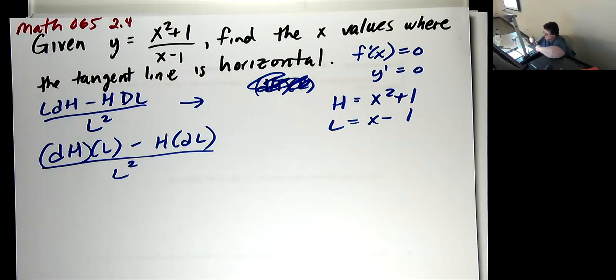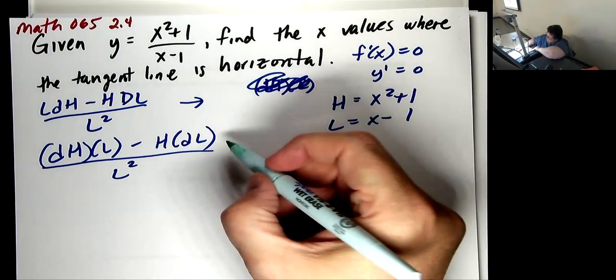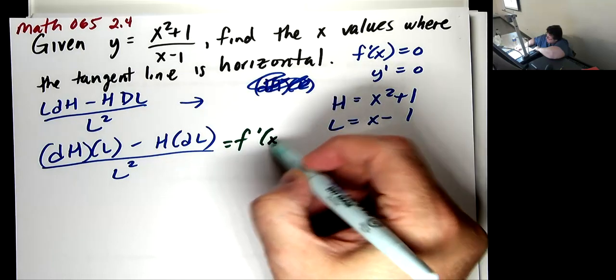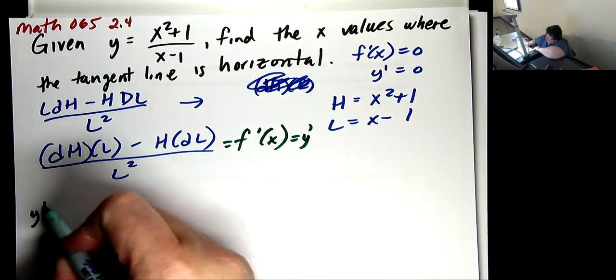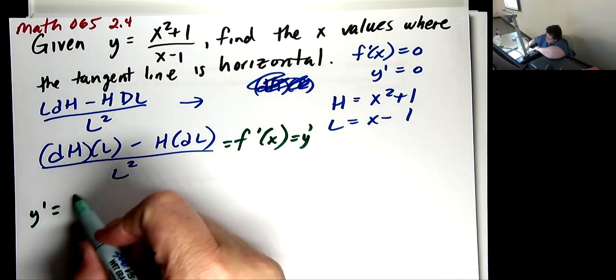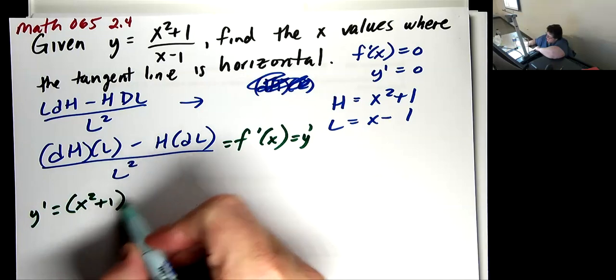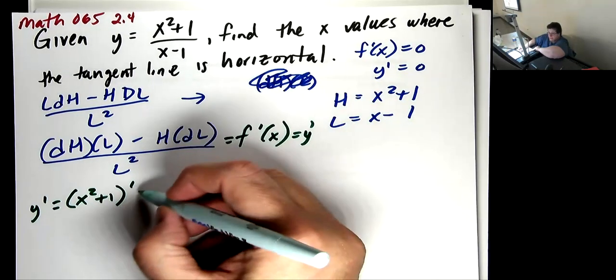So let's set up what this looks like. This is, of course, f prime of x, or y prime. So y prime looks like the derivative of the high. I'm just going to write it down like that, not take the derivative yet.